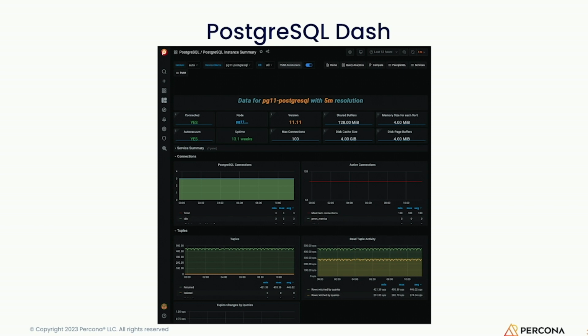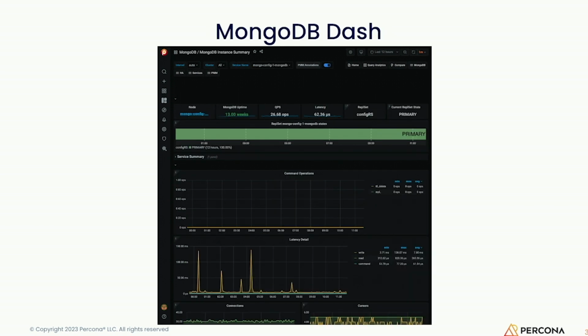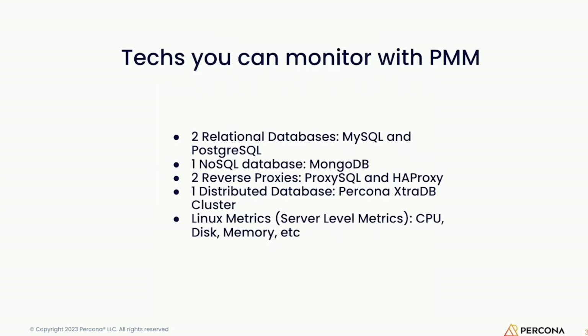Maybe your vacuum needs to be more aggressive, stuff like that. The same for Mongo: the usage of write tickets is different. Something has changed.